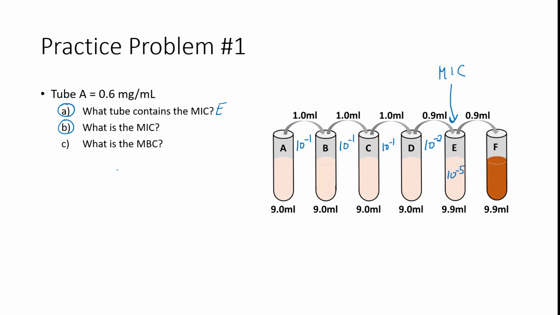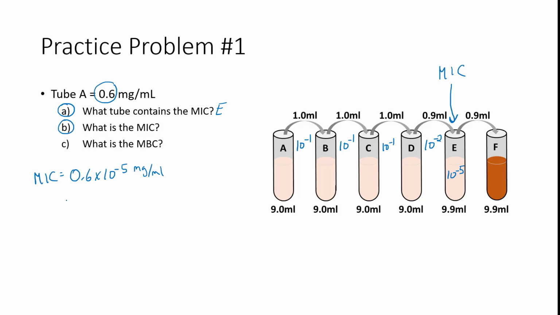To determine what the concentration in tube E is, we multiply the original concentration in tube A by the dilution factor. So the MIC, the original concentration in tube A is 0.6 mg per mL, so this is going to be 0.6 times 10 to the negative 5 mg per mL.